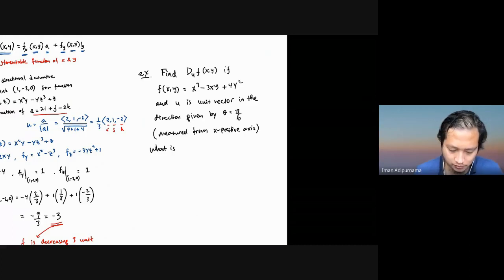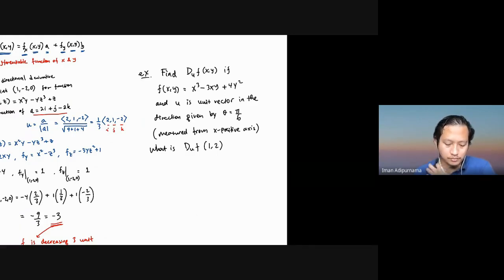What is the directional derivative at point (1, 2)?